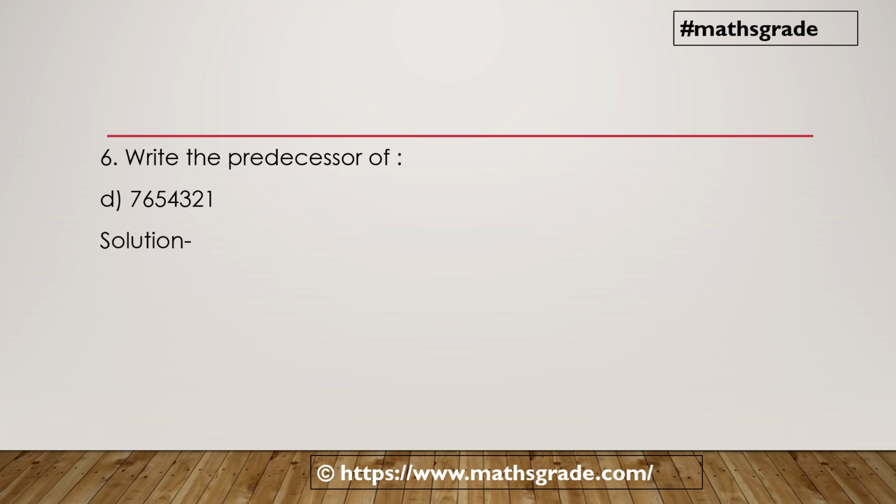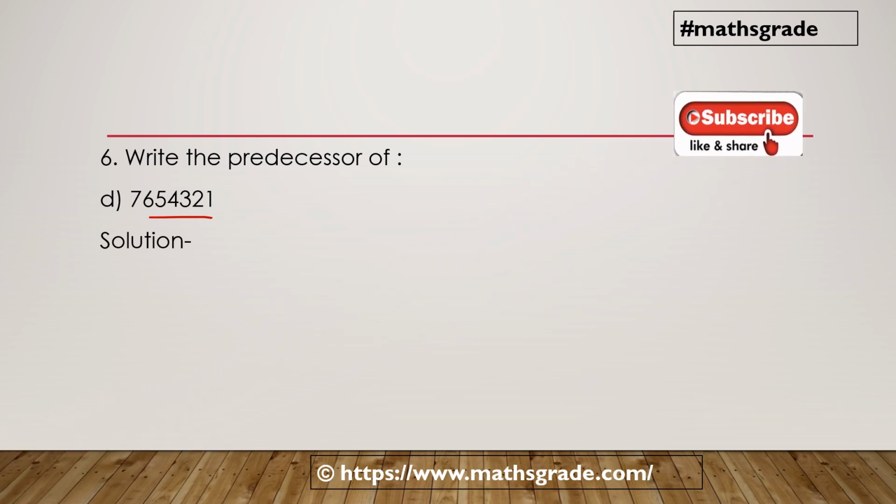Now part D. Write the predecessor of 76,54,321. We know predecessor is the before number or the previous number. We have to subtract 1 from this number.